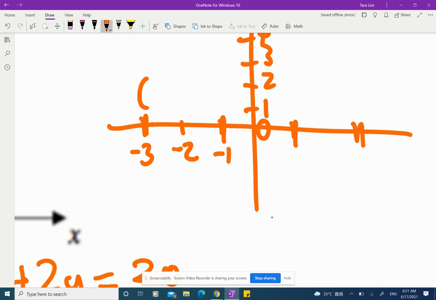So on a horizontal line, the y coordinate is always the same, and the x coordinates are not the same.